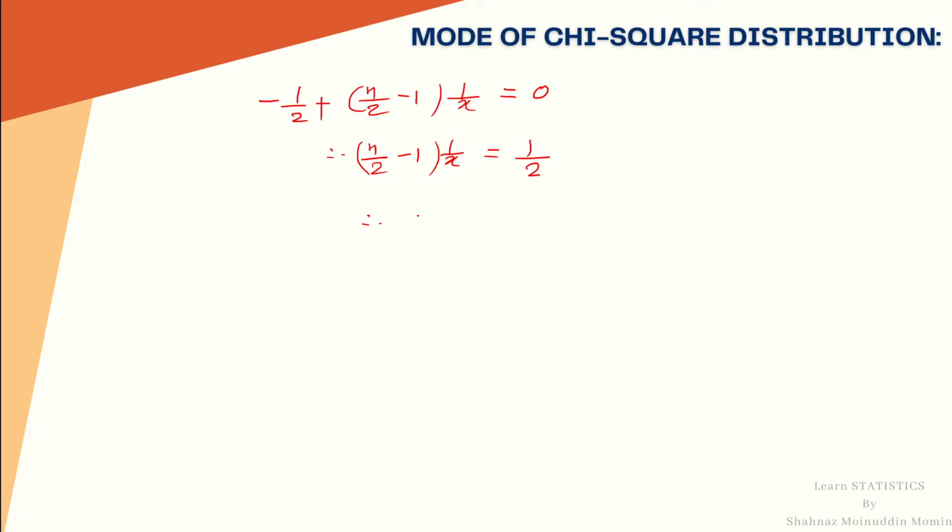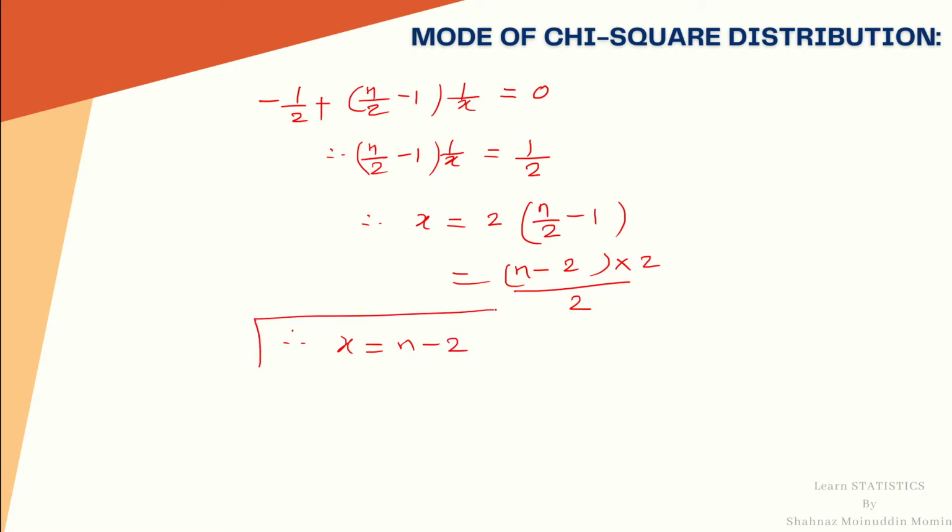Hence, x equal to 2 into n by 2 minus 1, which is equal to n minus 2 into 2 divided by 2. Therefore, x equal to n minus 2. This is the value of x.